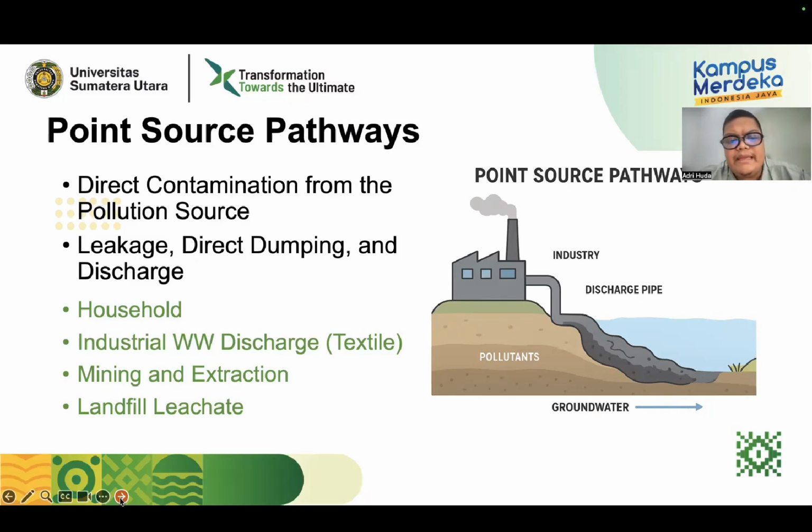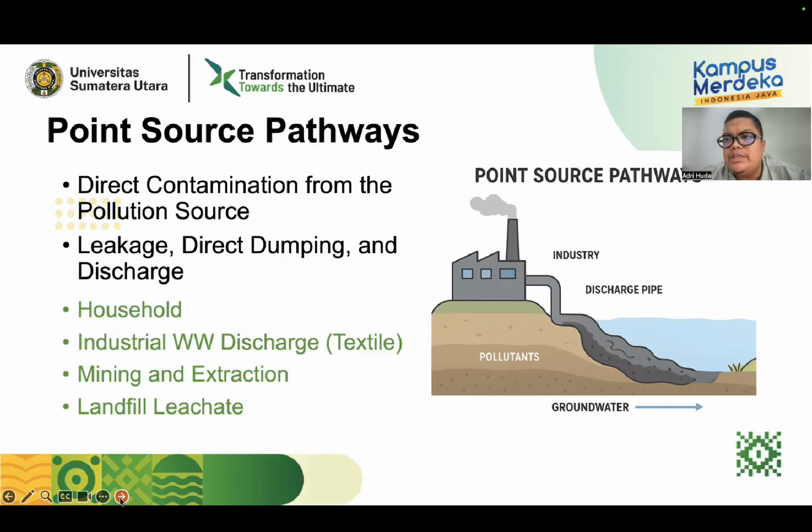The third thing is mining and extraction. As we know, some of the natural resource extraction or mining activities sometimes just discharge all of the wastewater or acid mine water to the water source.